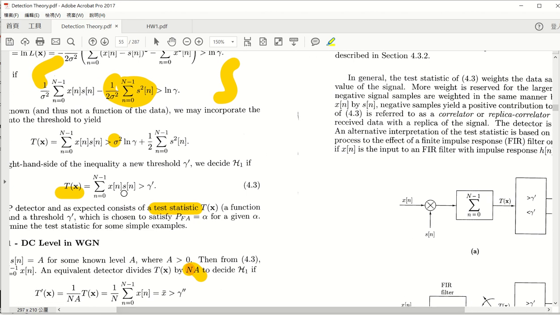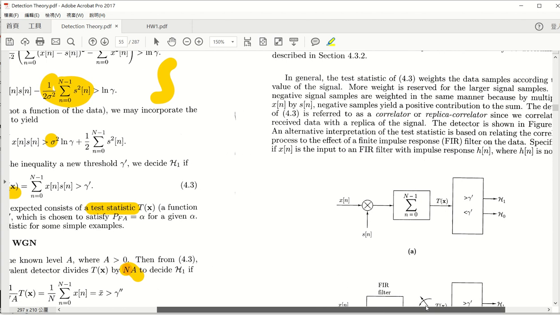Just to recall one more time, we are actually multiplying x, which is a sample, with the known signal. If you recall the discrete version of the correlation, this is in fact the discrete version of the correlation. We are correlating samples with the known signals.